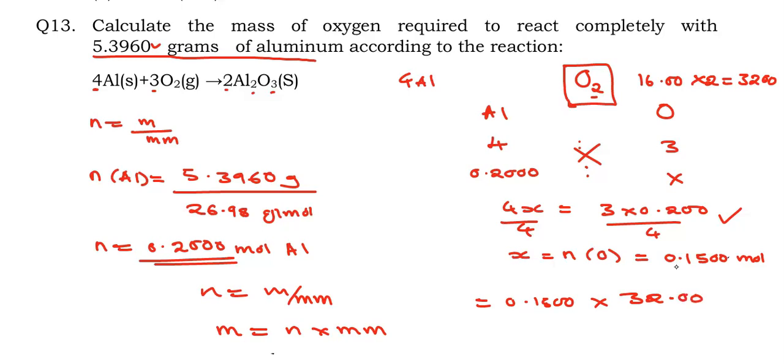Now multiplying this, we have the mass of oxygen to be 4.800 grams of oxygen. So this is the final answer which we've been asked.